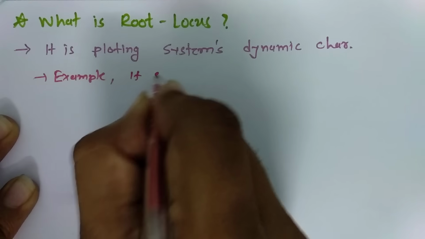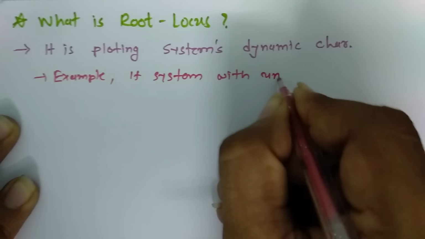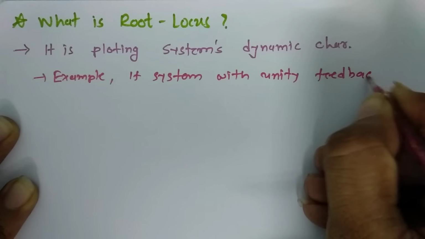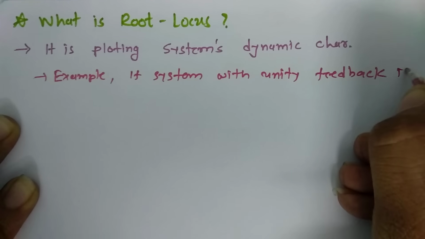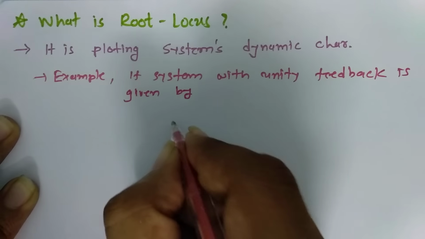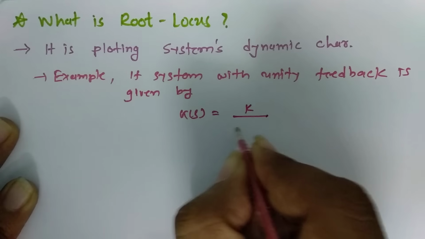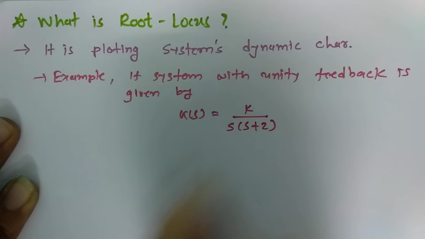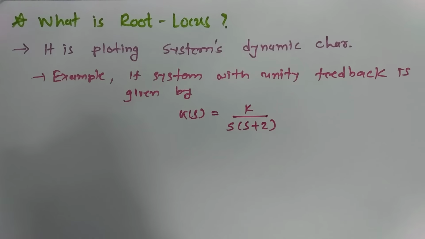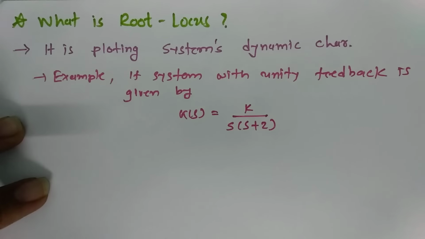So if a system with unity feedback is given by G(s) = K divided by s into (s + 2). This is the example given here, and I'll be explaining what root locus is and why we need to plot it.